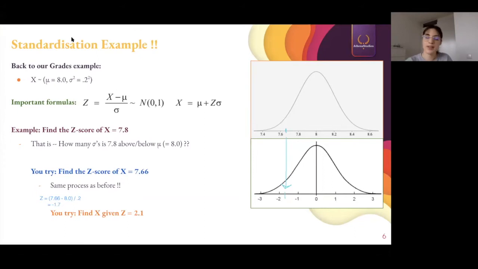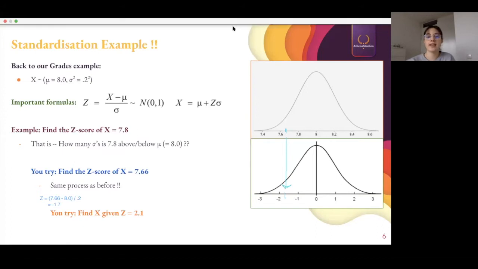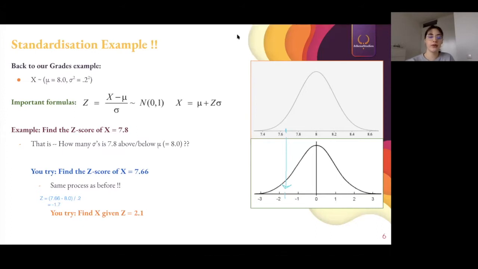All right, I'm going to go through this one as well because it's pretty straightforward. In this case, we have a z-score, and we are trying to find the x, so we use the second formula. Try to find x given z equals 2.1. All we need to do is plug in the relevant values. Our mu is 8.0.